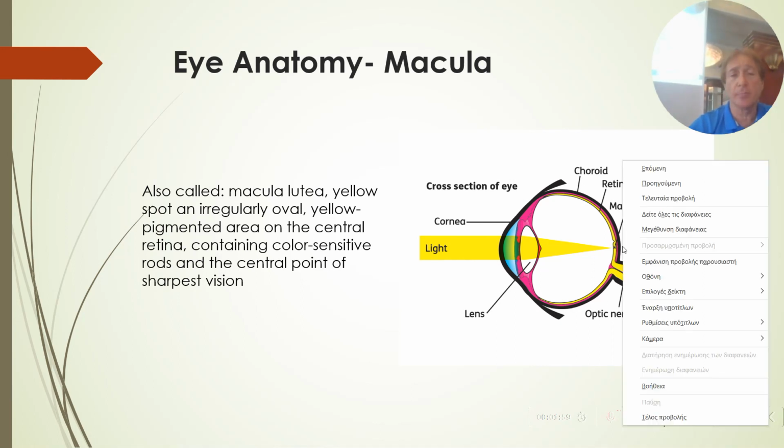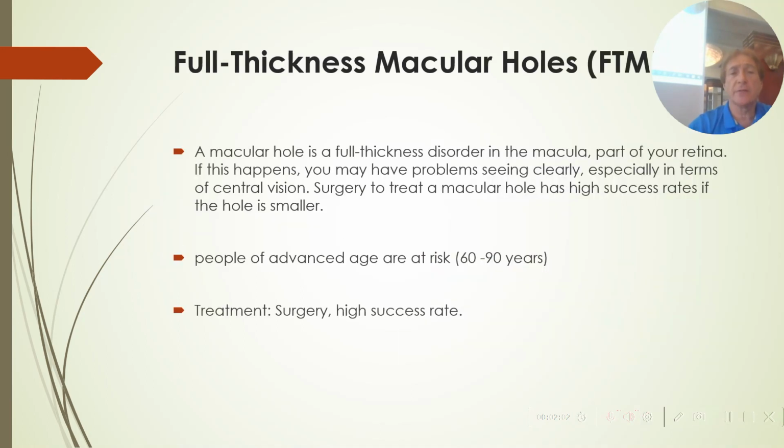And what can happen is that this macula is disturbed. It has a so-called hole. This kind of disorder causes, of course, a lot of problems for people. They cannot see sharply, and they have difficulties in daily life.